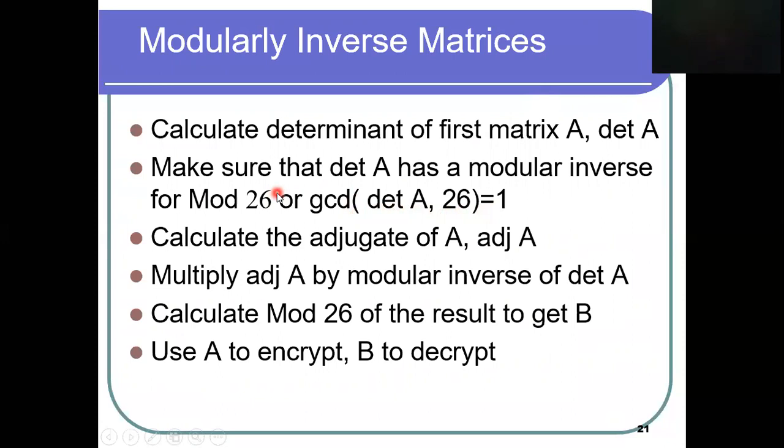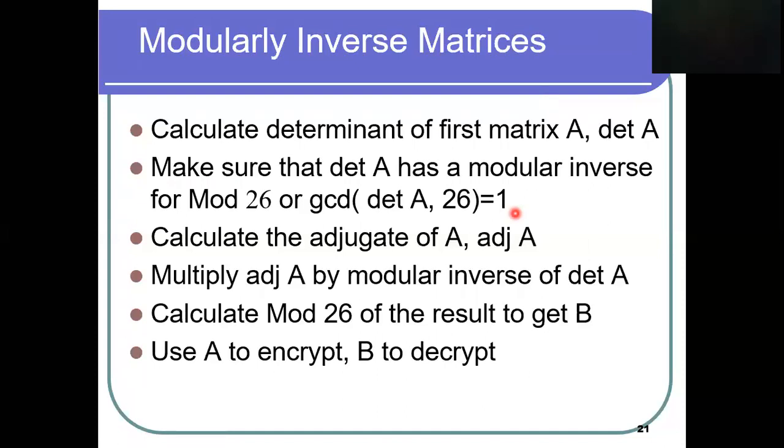In that case, the inverse of the matrix under modulo 26 will exist. If you take any other determinant whose GCD with 26 is not 1, then you can encrypt any plain text, but you cannot decrypt your message correctly.